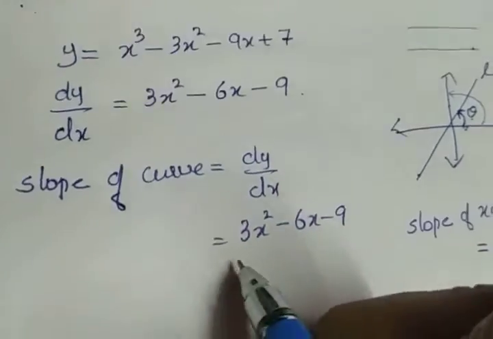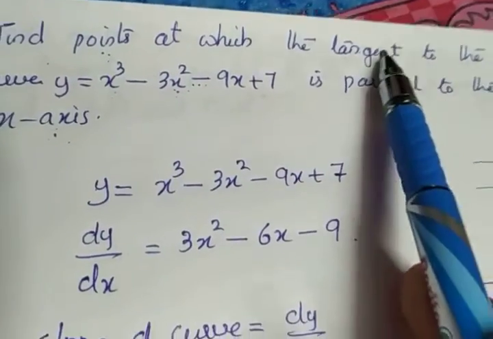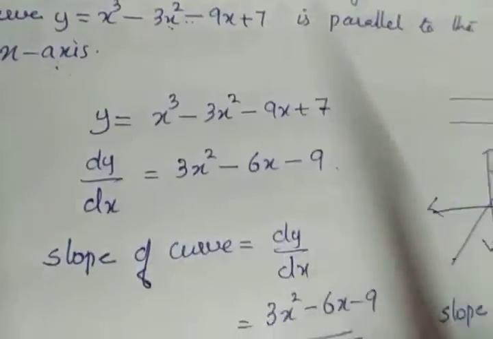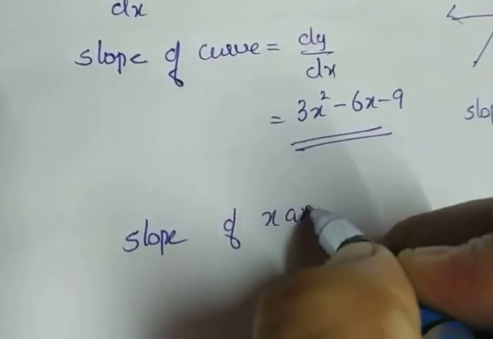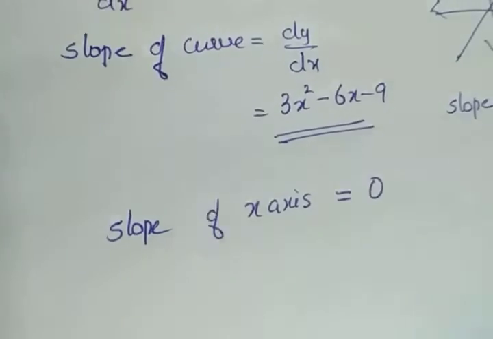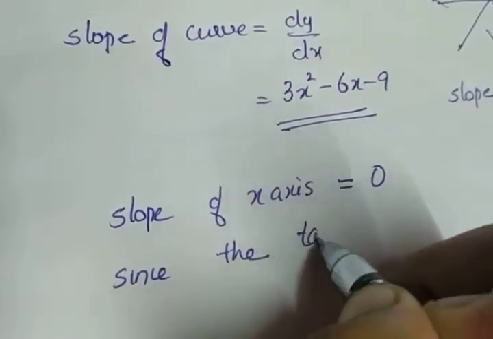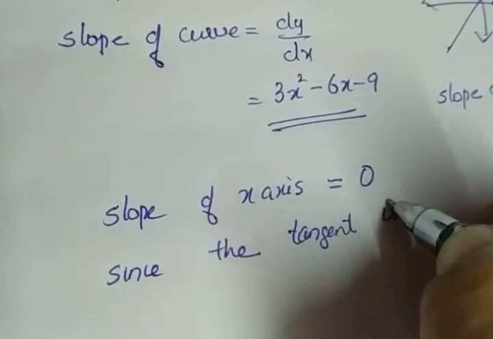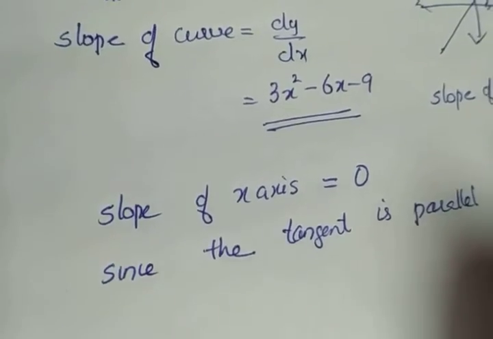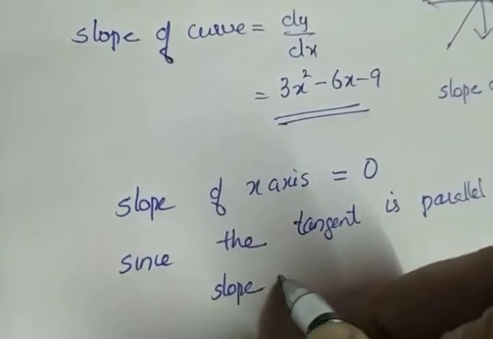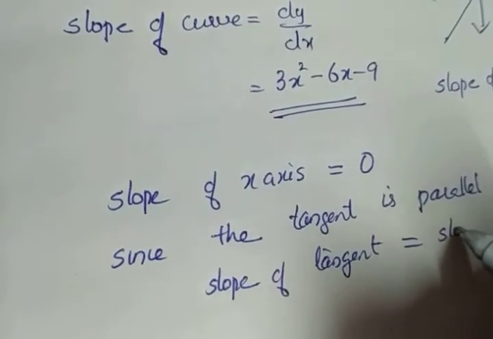What is said in the question is that the tangent is parallel to the x-axis. If the lines are parallel, their slopes will be equal. Slope of x-axis is 0. Since the tangent is parallel to x-axis, the slope of the tangent will be equal to the slope of x-axis.